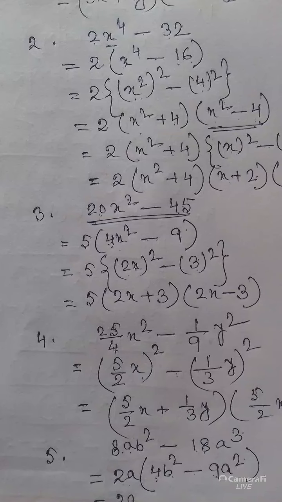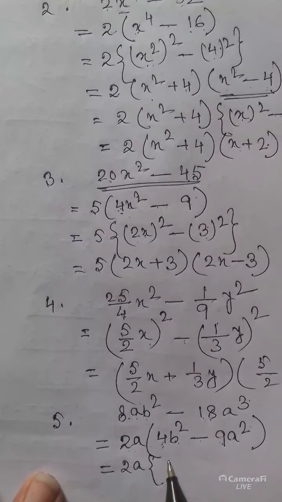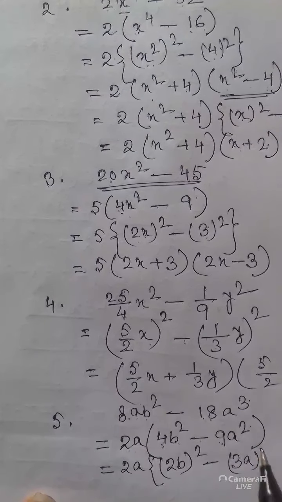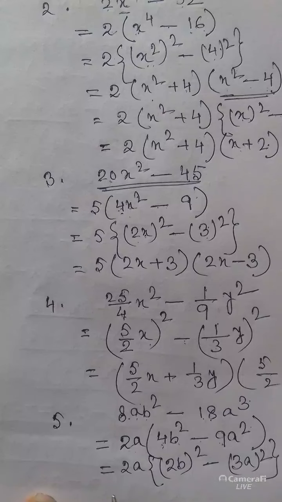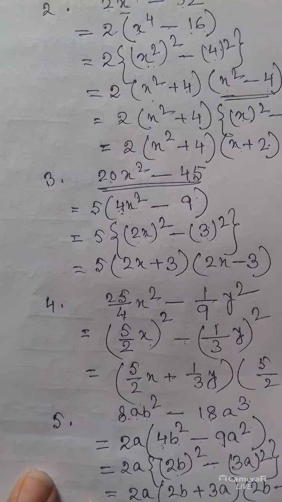Then 2a common, 2b whole square minus 3a whole square. Again a square minus b square. 2a common, 2b plus 3a, 2b minus 3a. Is it clear? Okay.